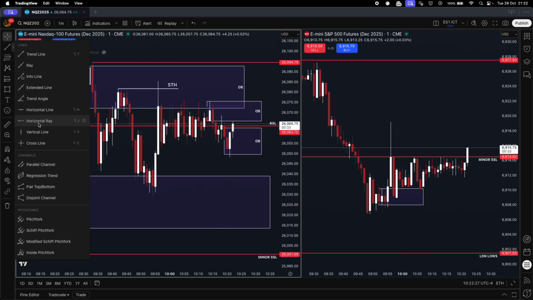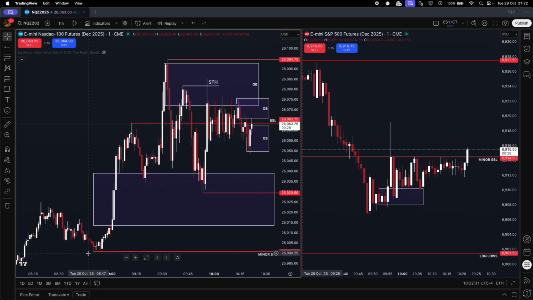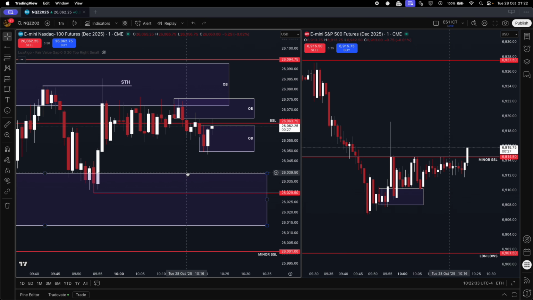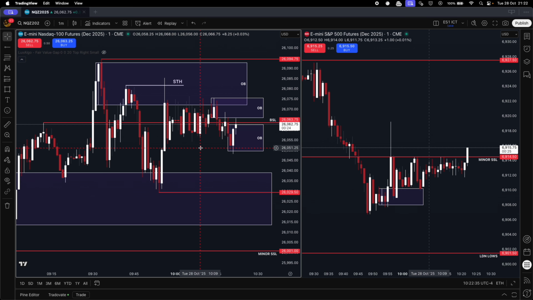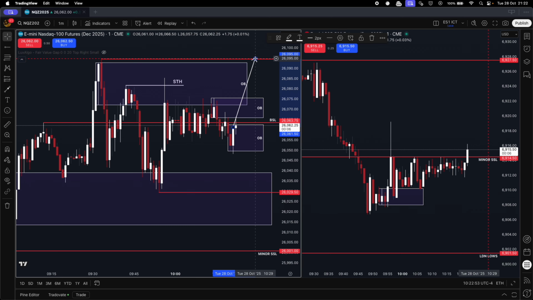So yes, even though we want to see a sweep of sell side, it doesn't mean that we actually get it. We have to wait and see, because right now we've accumulated, we just manipulated below a short-term low, potentially where the majority of stops were resting around this area. So price would have taken out many stops, and from the power of 3, the most probable scenario is that price now does reach towards the high.